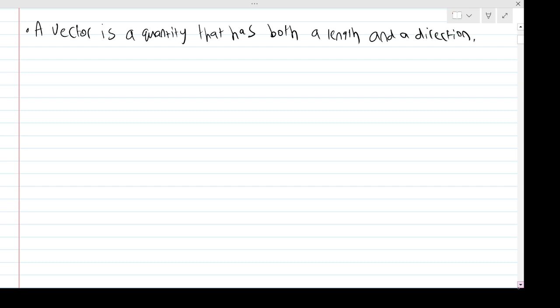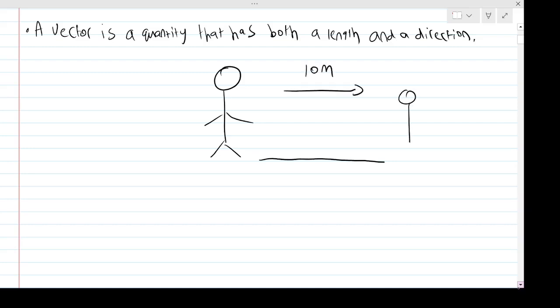So what do I mean by that then? Picture this example. Let's say someone's just in the middle somewhere, and then they walk, say, 10 meters forwards, and then they end up there.